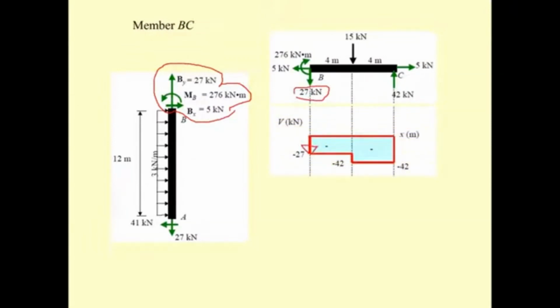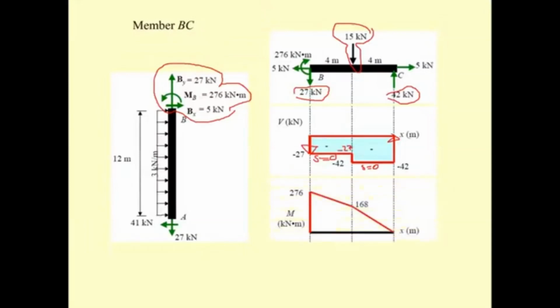Since there is no distributed force, the slope is 0, so this is still minus 27, and then it has this 15 kilonewton downward, so this goes downward for another 15, so this one is 42. And then over here S equals 0 until it reaches here, and then we have 42 kilonewton here, and it closes the shear diagram.